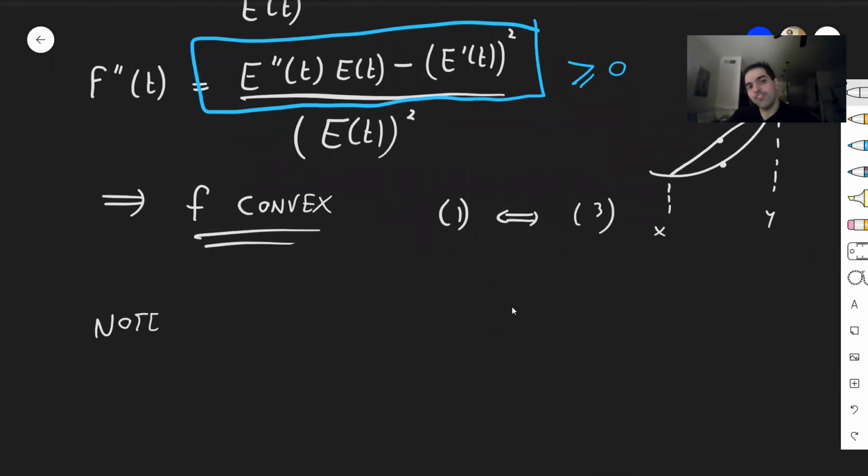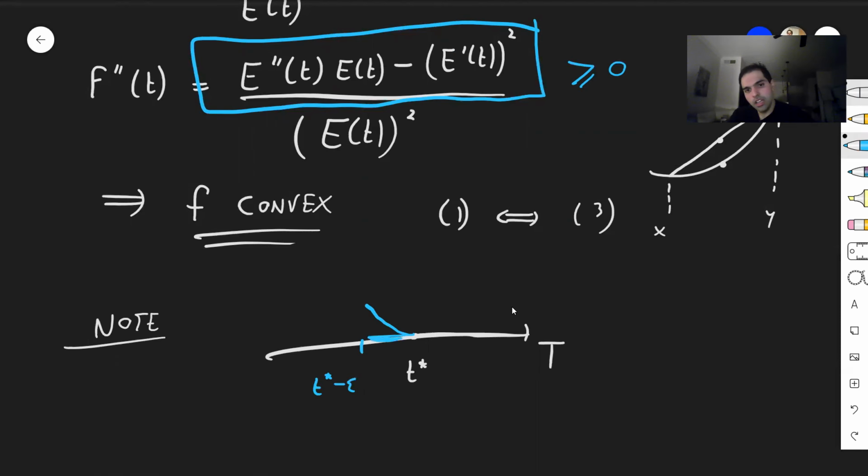And for this, note the following. So again, we know e is 0 here up to t star. But now, by continuity and the definition, we know there's a small interval where e is positive. Because you see, this is the last time e is 0. And before that, e has to be positive, at least for some short time.